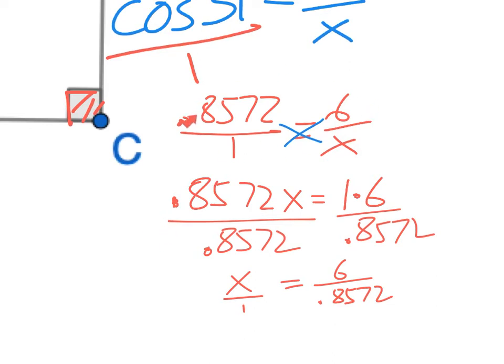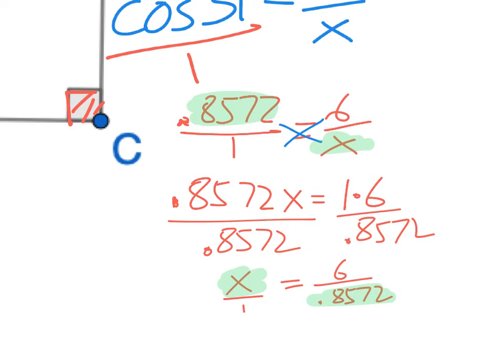We had this proportion, and notice where the 0.8572 is and the x. And notice down here, after we did a couple steps, what happened? They just traded places. Okay, so that's useful. When we have a proportion, you can swap things diagonally because they have the same cross product.